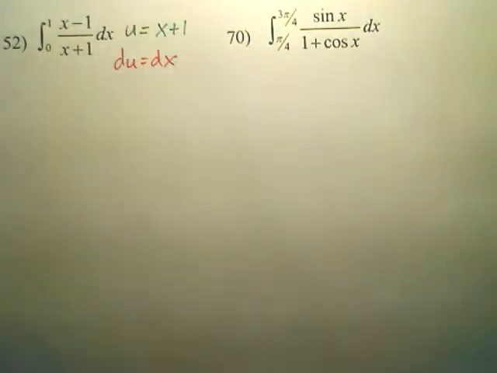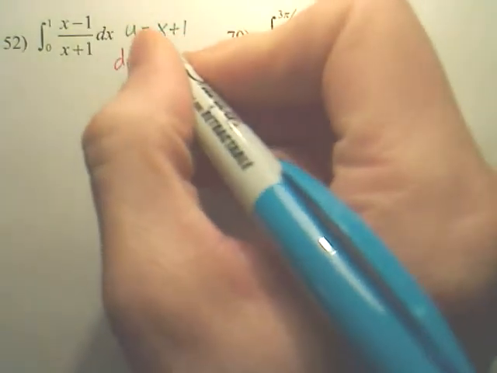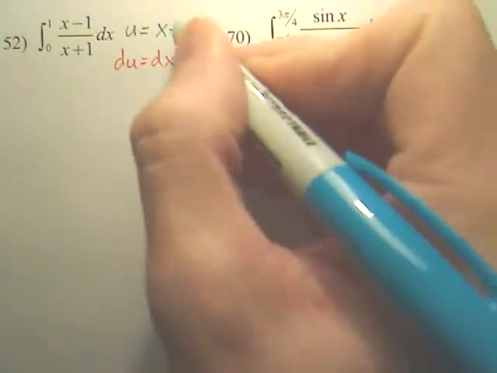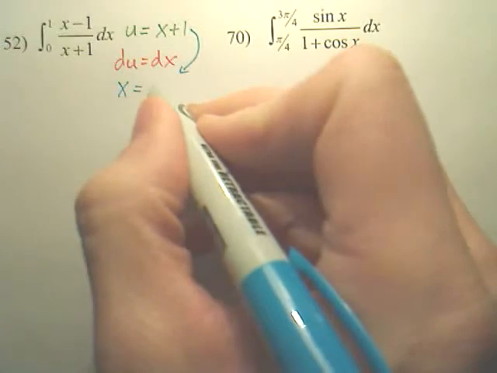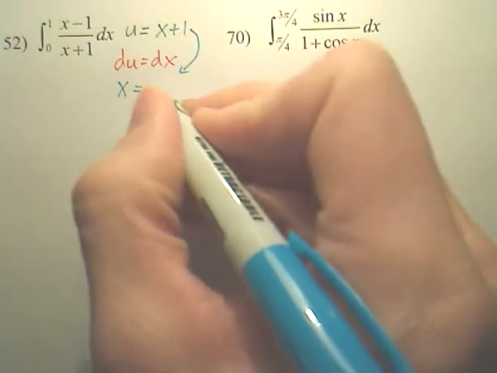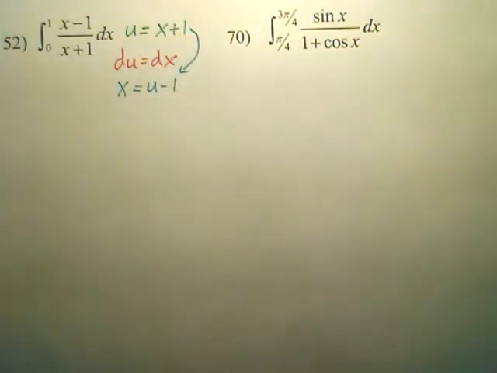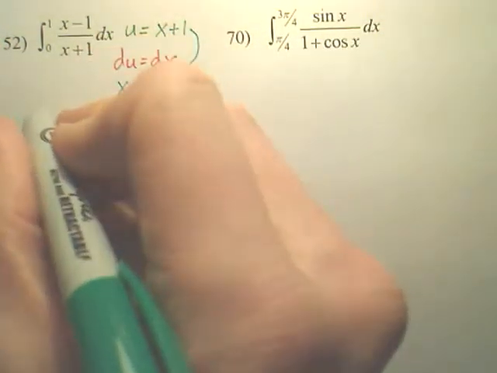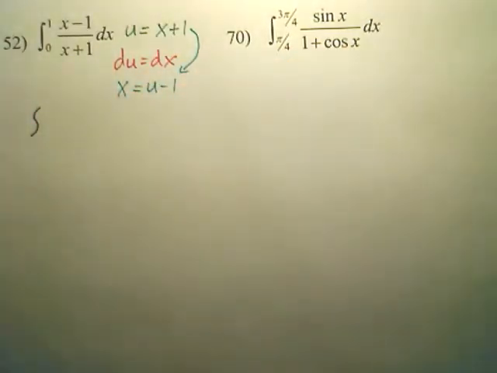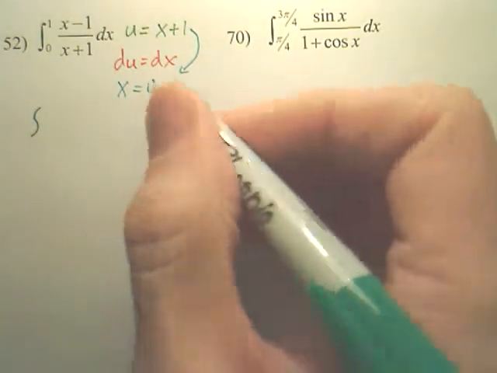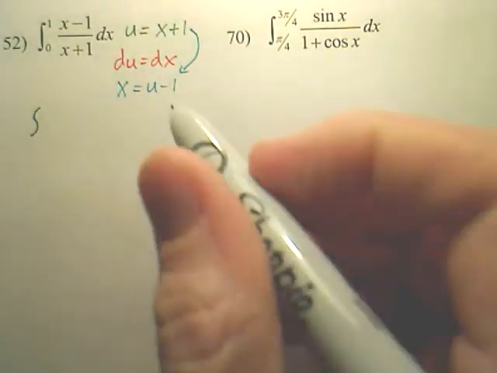Because if I go and rewrite this right here, I'm going to rewrite this one as x equals u minus 1. So I'm rewriting this, and with that, all that put together, you'll end up with the integral. Now, for this, we also need to change the interval.